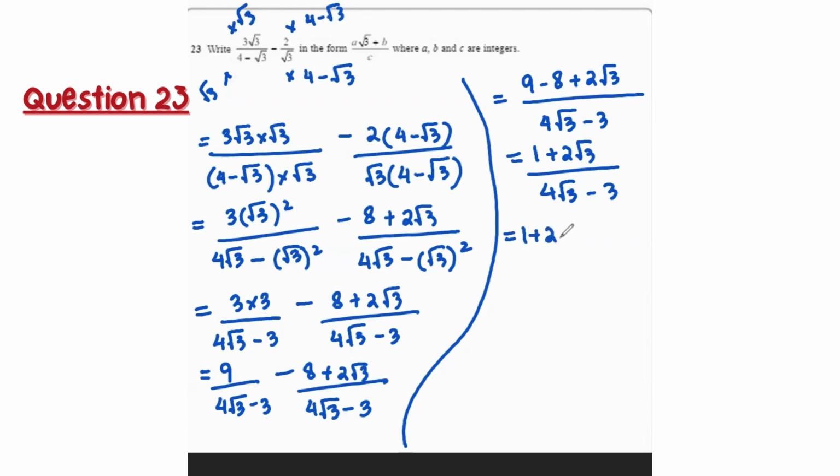So that can be done by multiplying the fraction by the conjugate of the surd in the denominator. So conjugate is basically the opposite of what's given. So the opposite of 4 root 3 minus 3 would be 4 root 3 plus 3. So you multiply the denominator and numerator by 4 root 3 plus 3.